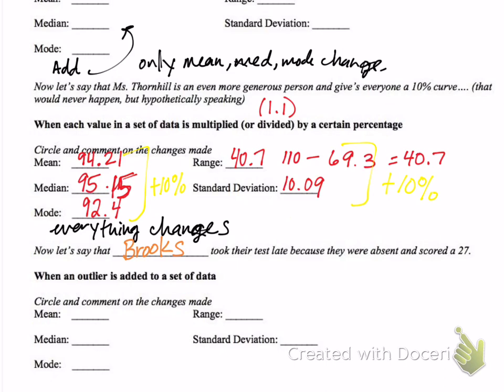Go back and put your original data in. It doesn't take forever. So original data, then in blank number 15, you're going to add a 27.